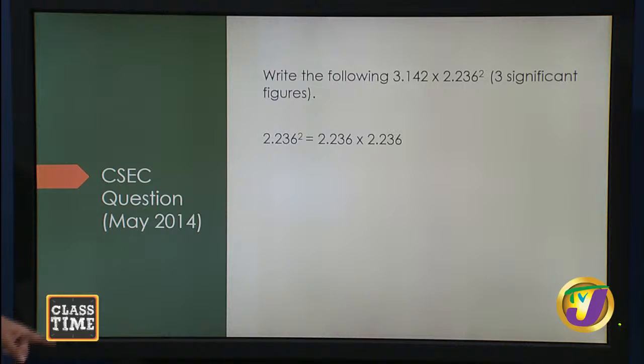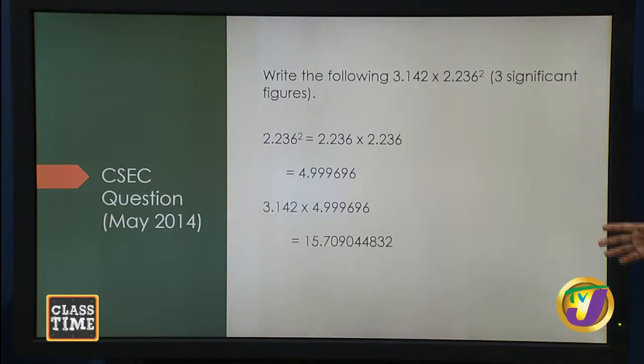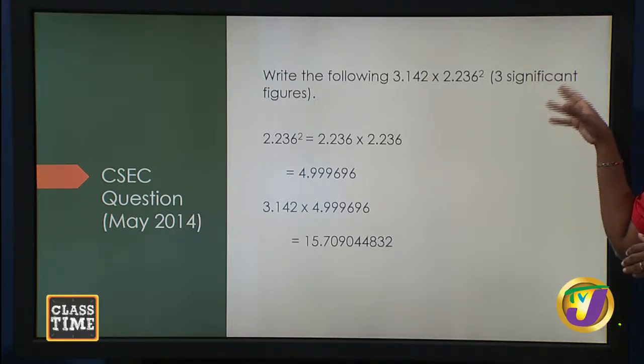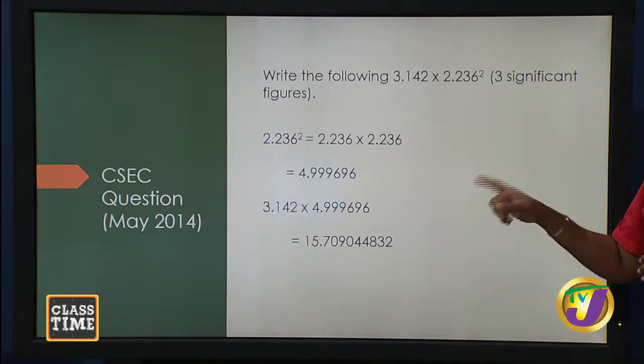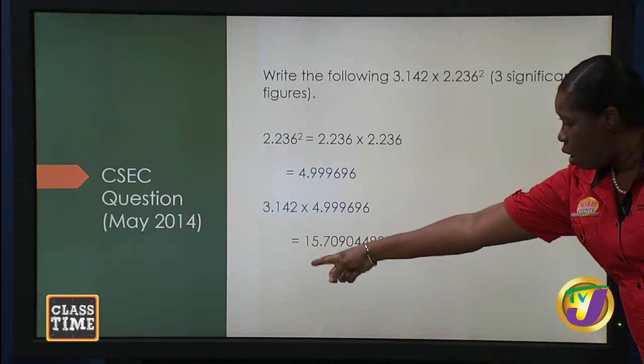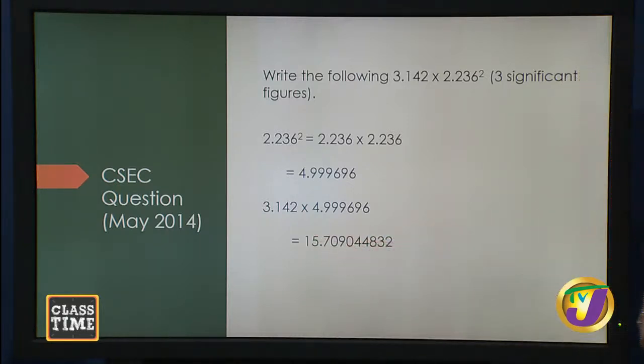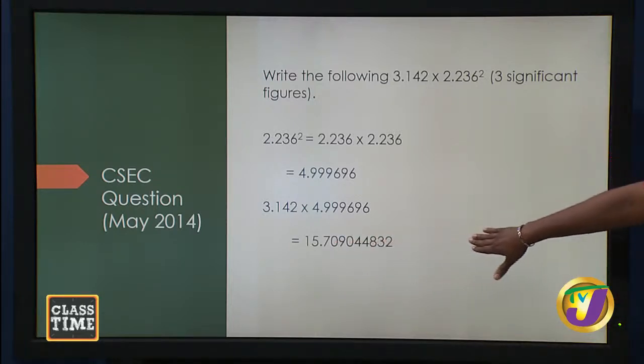Once we square that number, we get our solution for the square of the value. After doing that, we can multiply by the 3.142, and that would give us 15.709044. Very long number. So now we write that to 3 significant figures. Counting from the left, 1, 2, 3: 1 is significant, 5 is significant, and 7 is significant. So we need to get rid of these numbers.